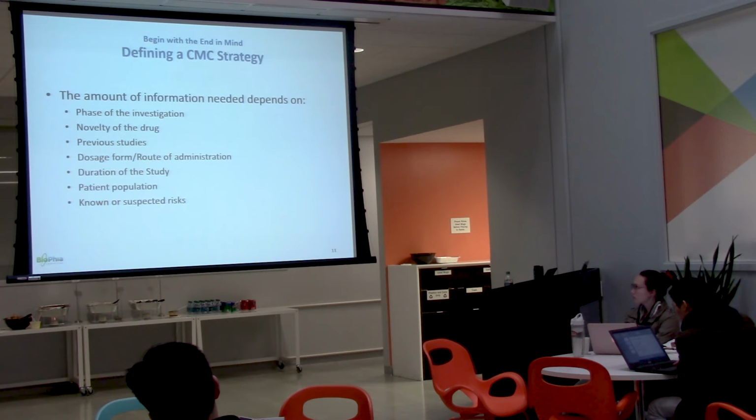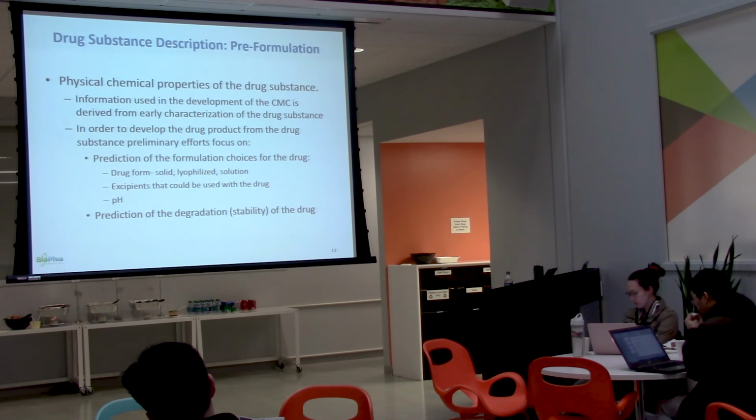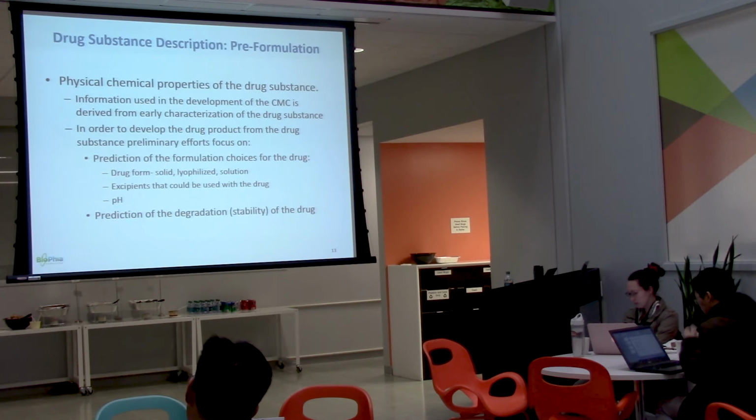And what's the patient population? Is it a relatively modest population, low number of patients? And are there any known or suspected risks? If it's a pretty safe drug, where there were no red flag signals that came up in the preclinical work, maybe you don't need to put in a lot of extra information in the CMC section. So it depends on a variety of things that are listed there.